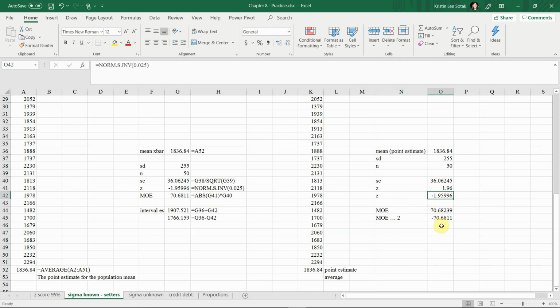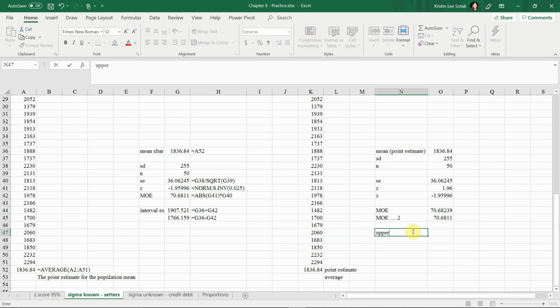So that's fine, it's not wrong. But what you can do is insert into that equation the absolute value, ABS, and that will give you the absolute value of it. It's not a big deal if it's plus or minus, because all you're doing is taking the margin of error and adding or subtracting it from the mean. So that's what we're going to do next.